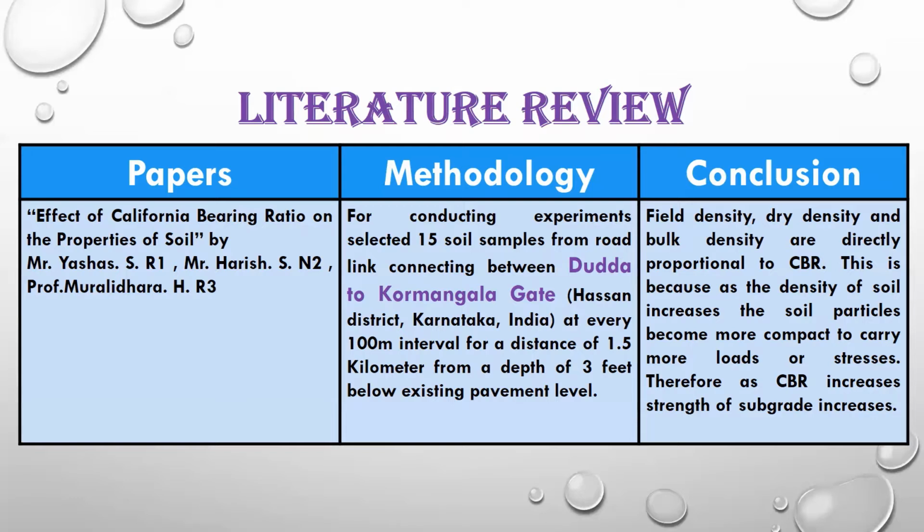They concluded that field density, dry density and bulk density are directly proportional to CBR. This is because as the density of soil increases, the soil particles become more compact to carry more loads or stresses.